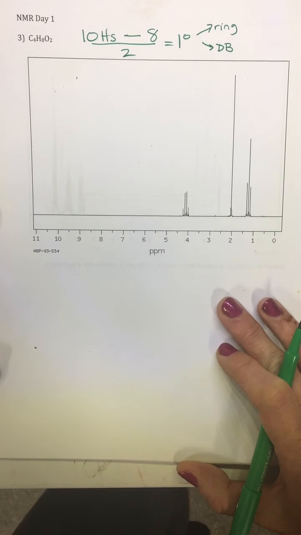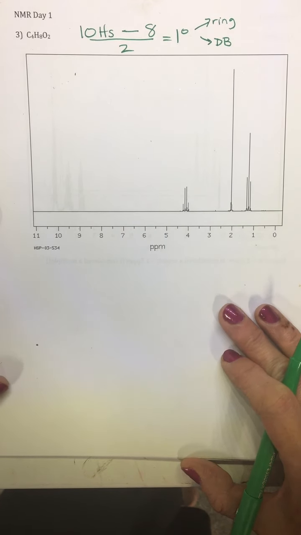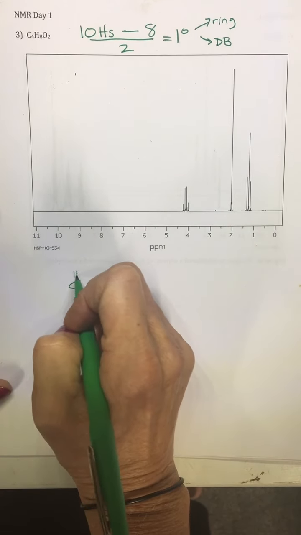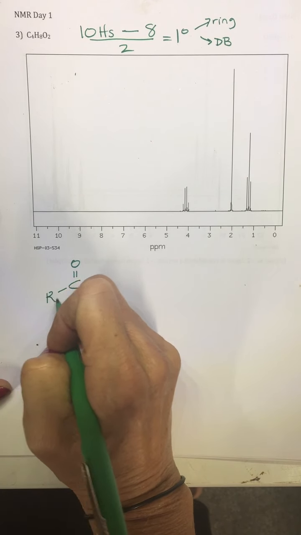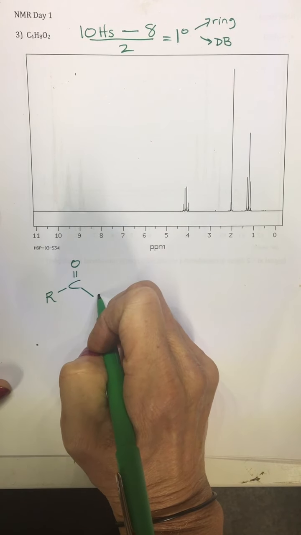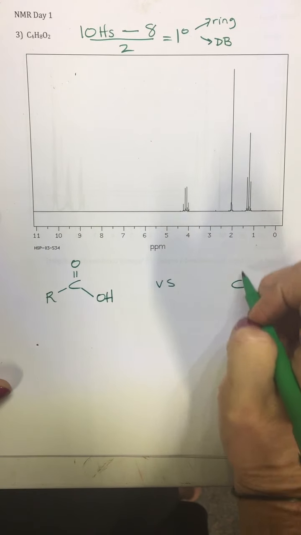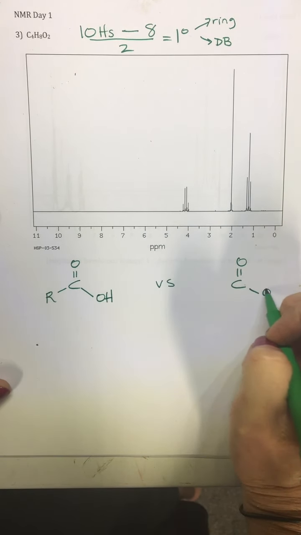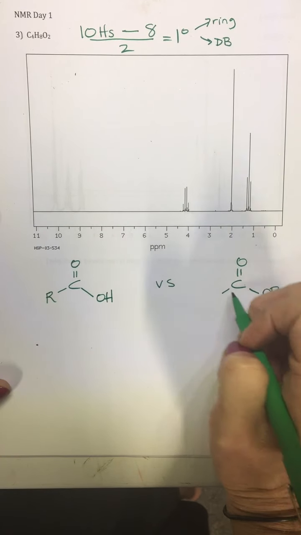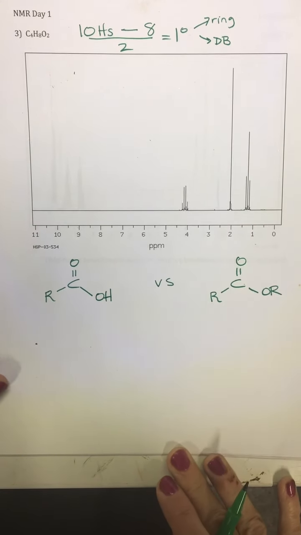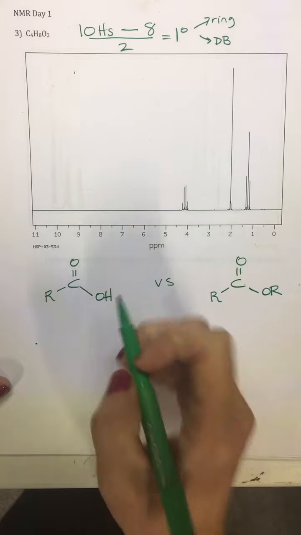Now remember in the other video where we did a carboxylic acid, it has a carbonyl. And then we also have an ester that has the 2 electronegative oxygens in them. But there is a difference.